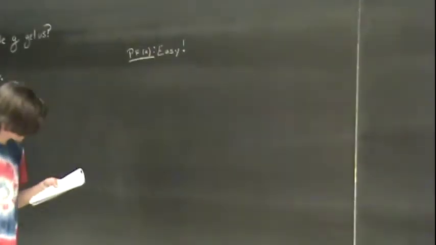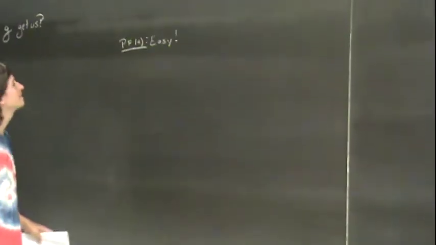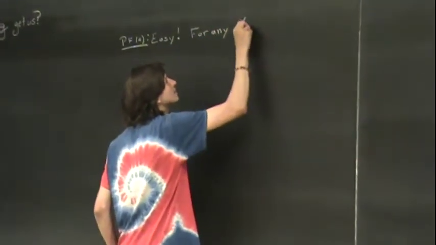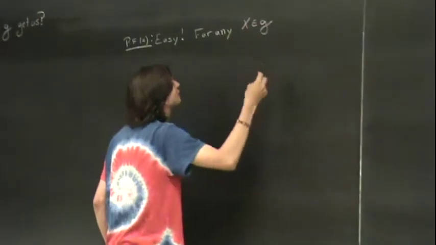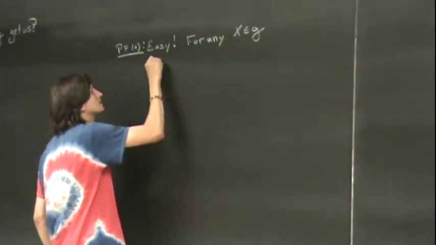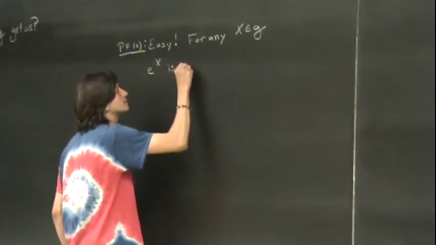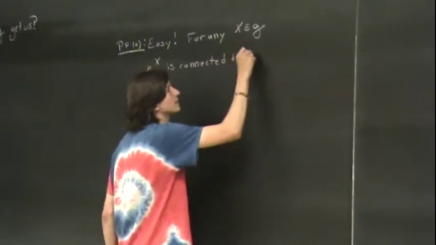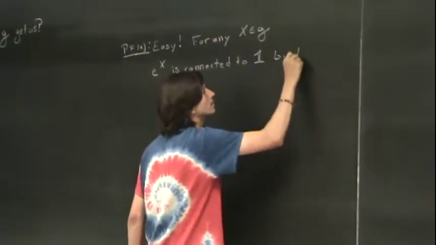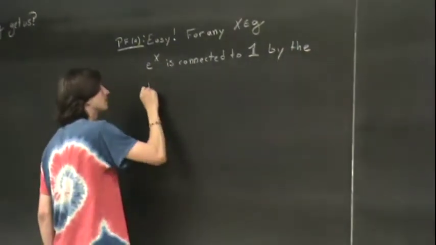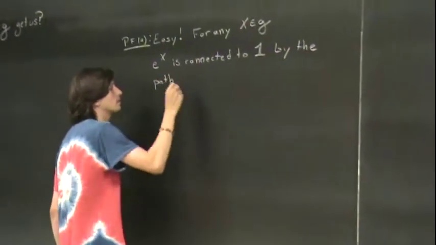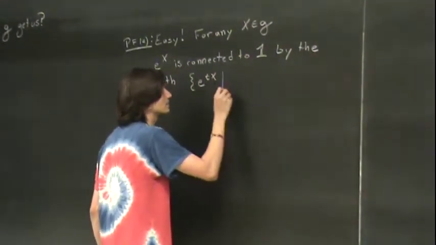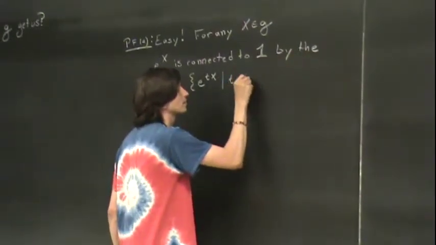The idea is that for any element x of the Lie algebra, e to the x is connected to the identity by the path, the set of points e to the tx such that t runs from 0 to 1.